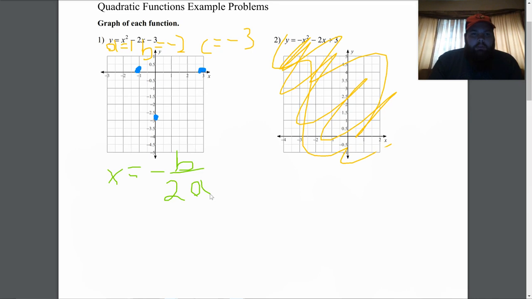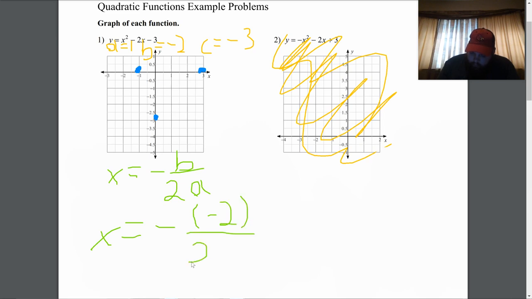And this one, we're just plugging in the numbers again that we got earlier. So b is negative 2, a is 1. So that's what I'm going to do. So x equals, negative stays out front, and then we got a negative 2, because that's what our b is, over 2, and then a is 1, so 2 times 1.